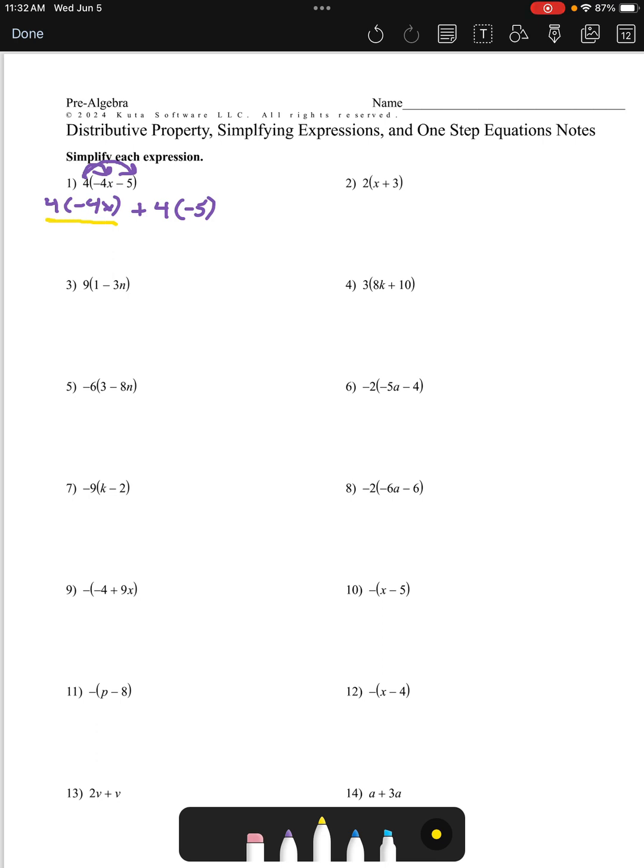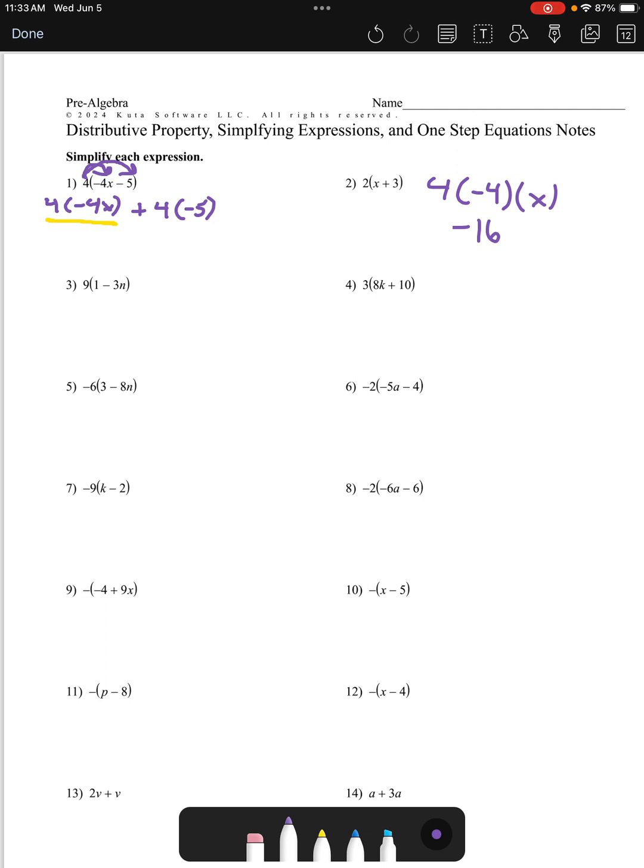Real fast, we haven't yet seen something like this, where we have a number times an expression that contains a variable. But remember that negative 4x is just negative 4 times x. So essentially, we could, and I'm going to do this way off to the side and then erase it, think about this as being 4 times negative 4 times x. 4 times negative 4 is negative 16.